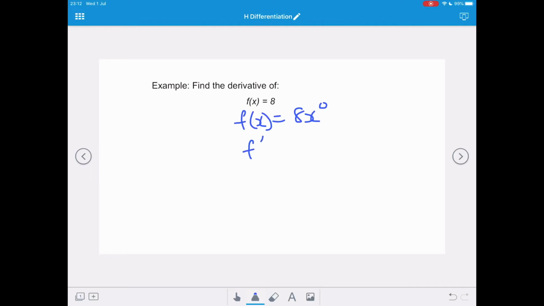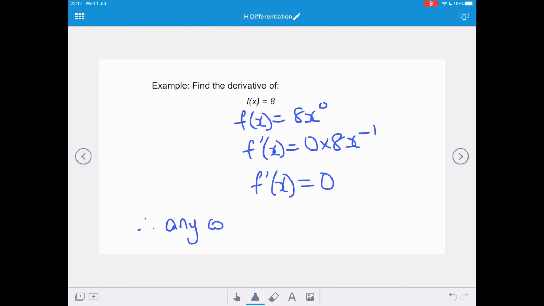Then when we differentiate it, f dash x is going to be 0 multiplied by 8 x to the negative 1, and 0 times anything is just going to be 0. So therefore we can say that any constant term that we differentiate is going to have a derivative equal to 0. So f dash x is always going to equal 0.